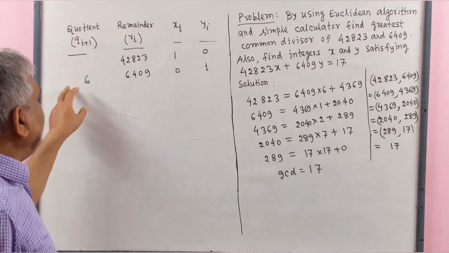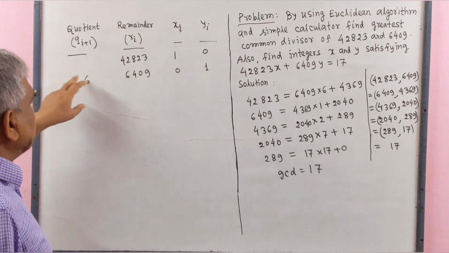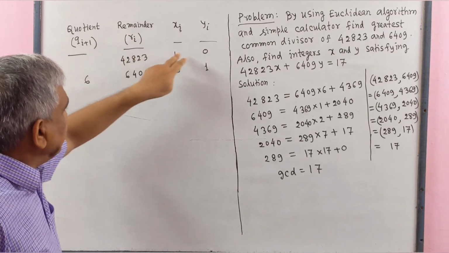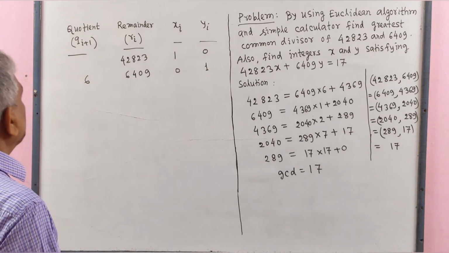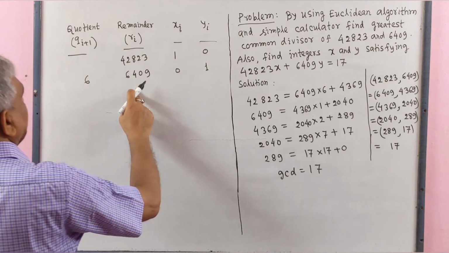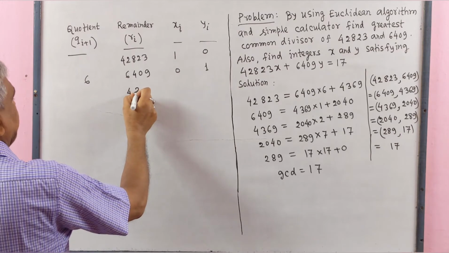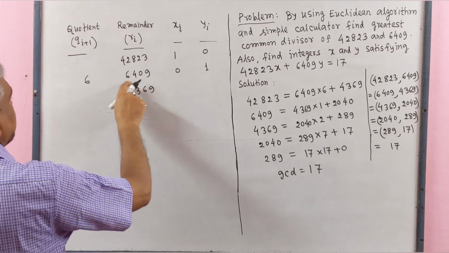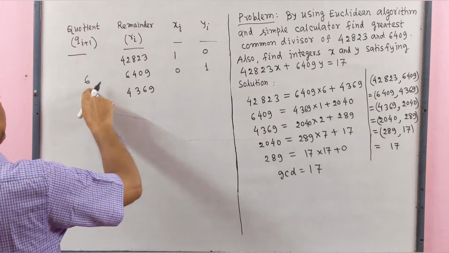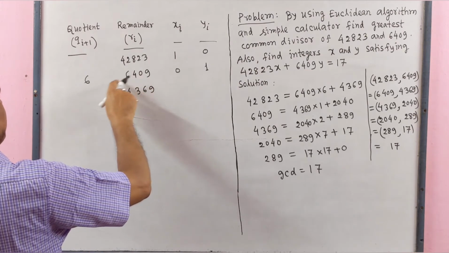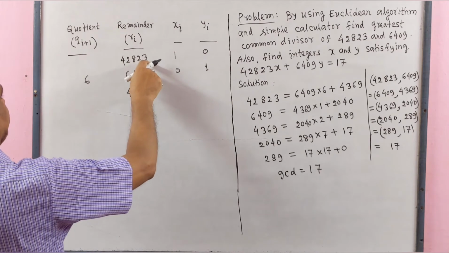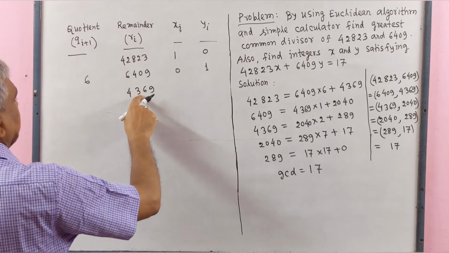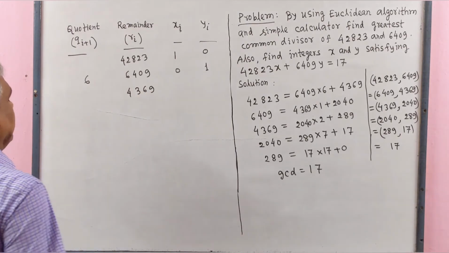Now, multiplying this line by 6 and then subtracting from the previous line, we get 4,369.